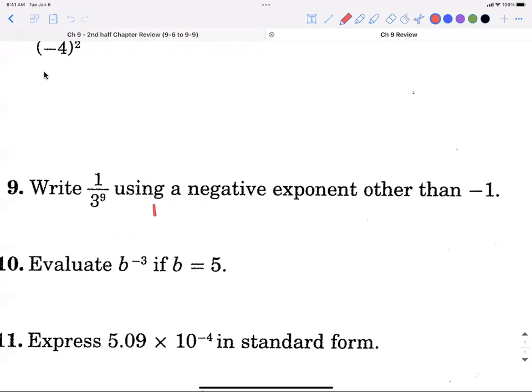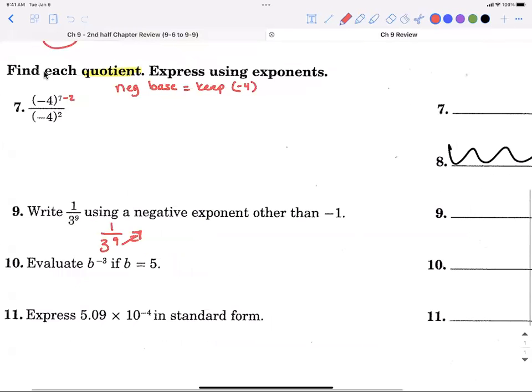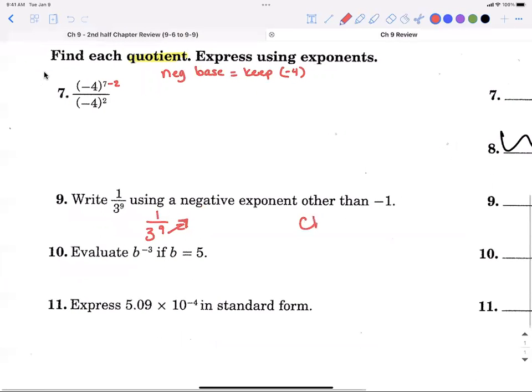So if you've got 1 over 3 to the 9th, you're going to move it up to the top, and then you're going to apply that negative. Move it up and then apply the negative. So if you want to make yourself a note here: if you're going to change the sign, you change the location. And that's whether you're going positive to negative or negative to positive. Either way, you change the location.